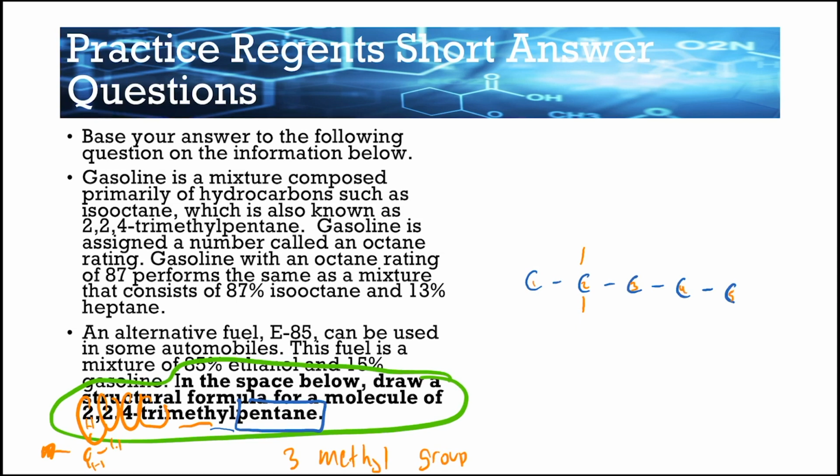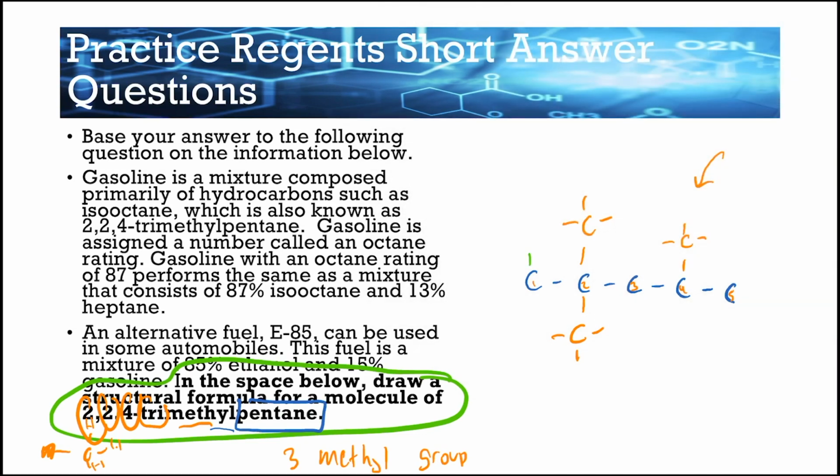So on carbon 2, you need a methyl group and another methyl group. So those are 2 methyl groups, both on carbon 2. That's how that would look. And then on carbon 4, you have that 3rd methyl group. So it doesn't matter if you put this one on the bottom or the top, it doesn't matter.